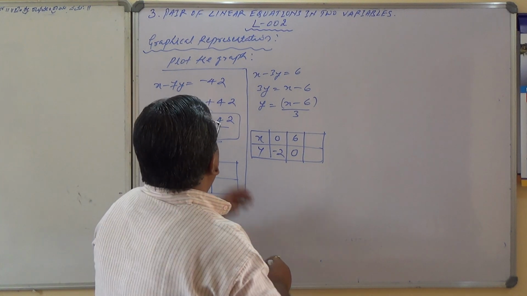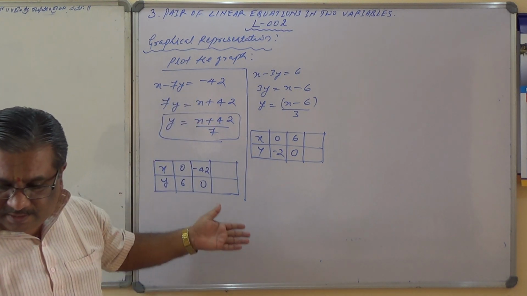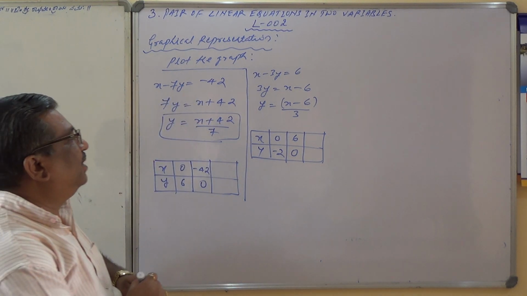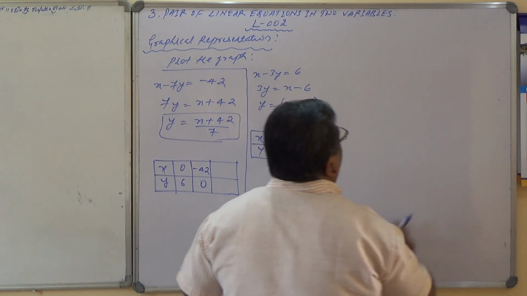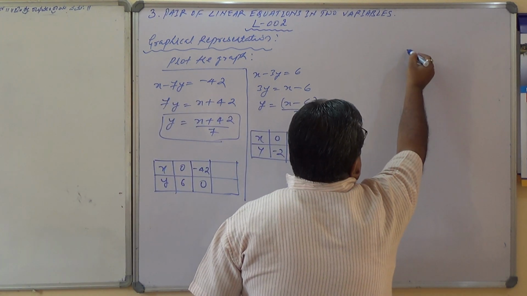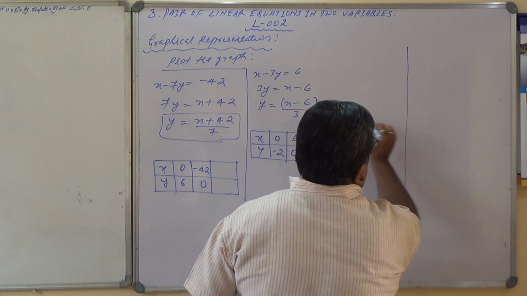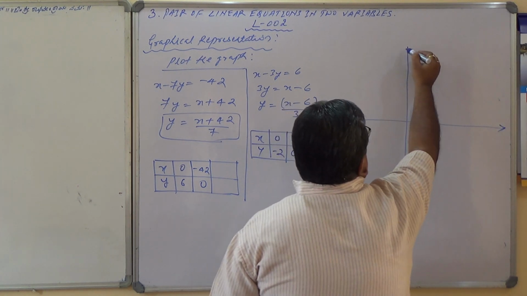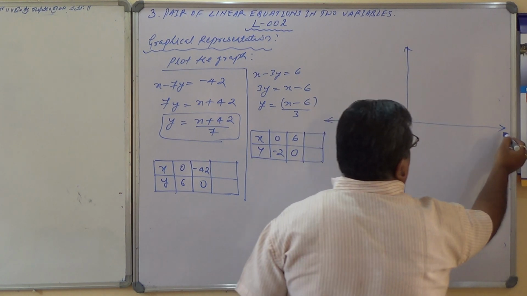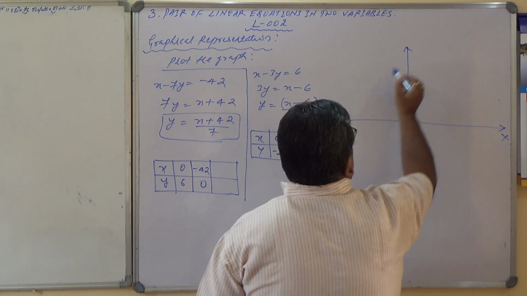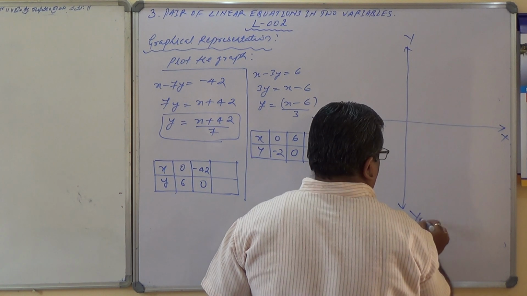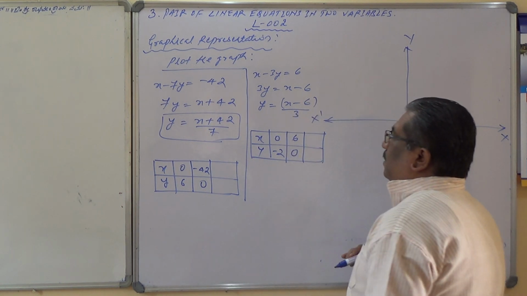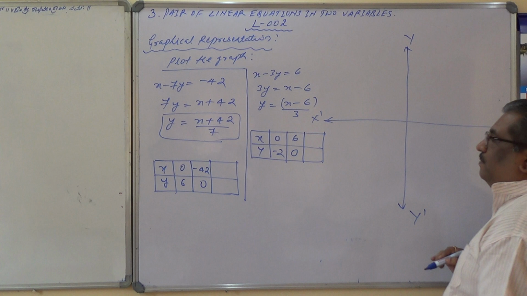Let us plot the graph here. This is exercise 3.1, first numerical. Okay, let's plot this graph. X dash, y dash. We have to take the scale here.